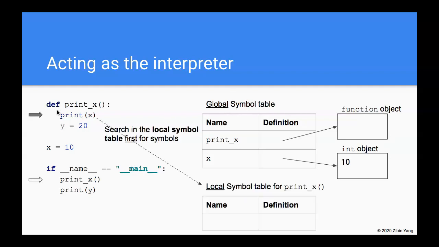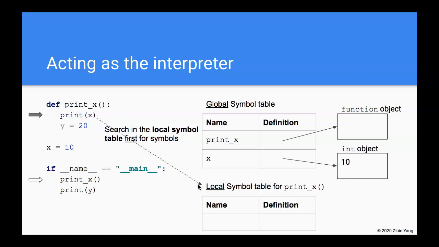Now, when we step inside printx, a local symbol table is created for printx. What actually happens is when it encounters the name x, the first symbol table that it looks at is the local symbol table. The local symbol table is empty because we just entered printx.